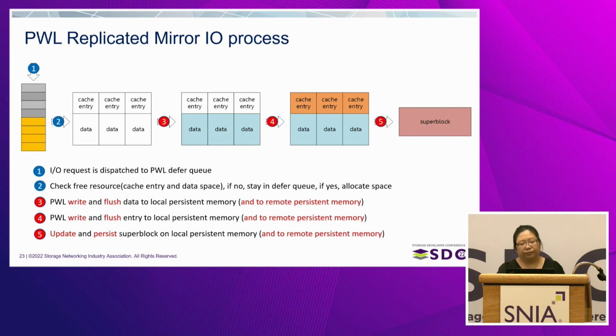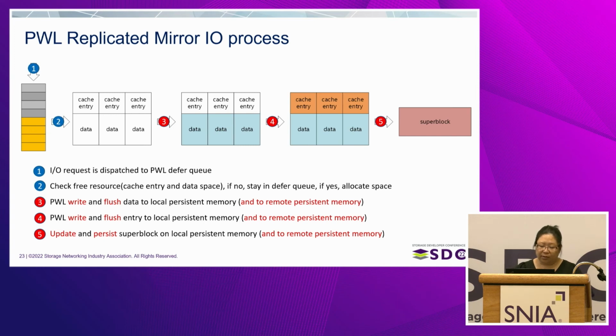In the replicated mirror IO process, when the IO request is dispatched to the PWL layer, it will check if there is free resource. If there is no free resource, it will put the IO in the default queue.